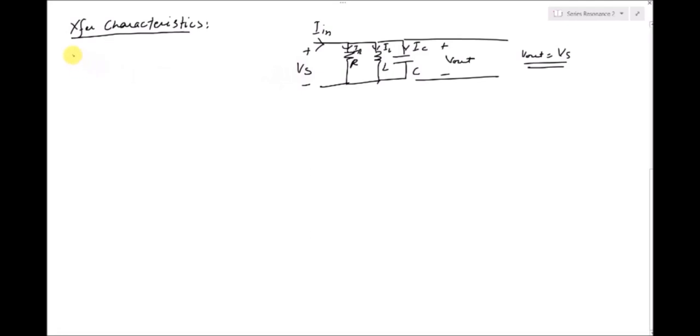Now if I have to find Vout over Iin, so this is the output quantity, voltage at the output, and this is the input terminal quantity, Iin, the current at the input. This is actually the transfer characteristic that we have to analyze. Now the output voltage is equal to the input current divided by the total admittance.